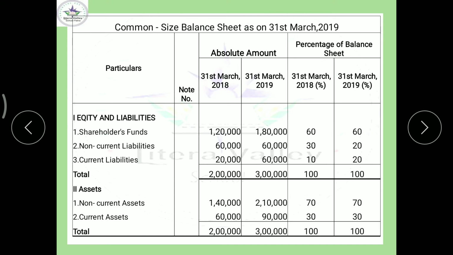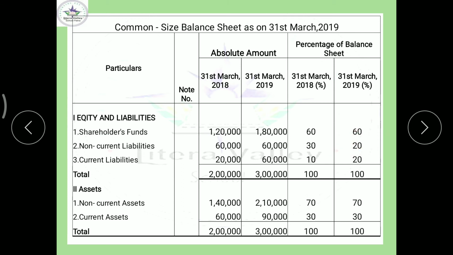In the same manner, come to the data for 2019. The amount is given 1,80,000. 1,80,000 divided by 3 lakh. So here you have written 60%. 60,000 divided by 3 lakh is here 20%.